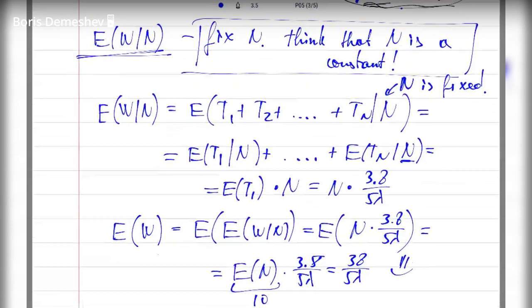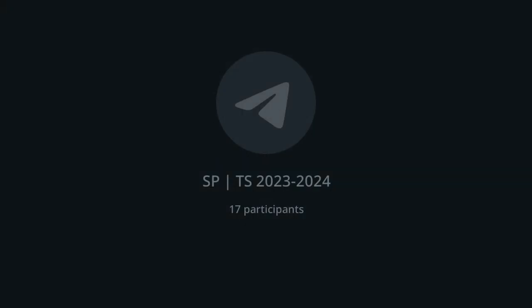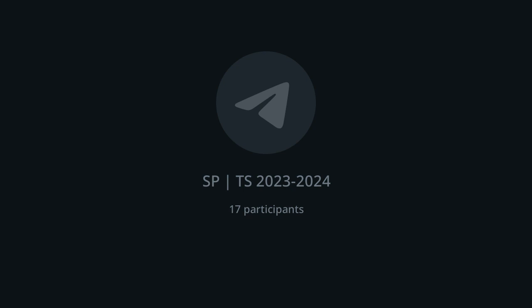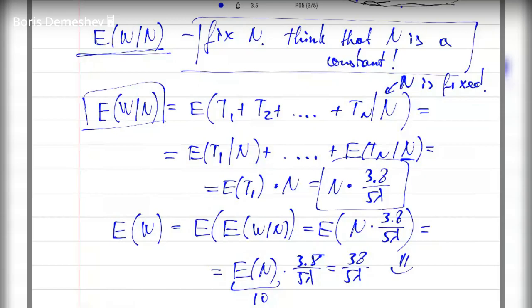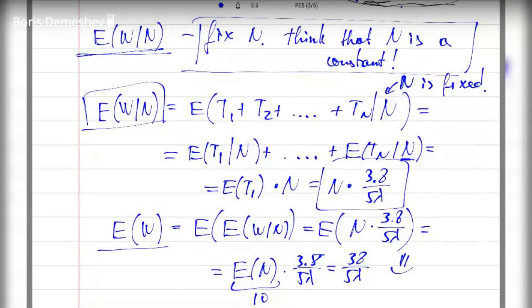So N is fixed, and this is the expected value given N. We just calculate the expected value of a sum. That's easy. And we get the answer for the first question, the expected value. So we apply Adam's law, we plug in the expected value of N, and we are done.